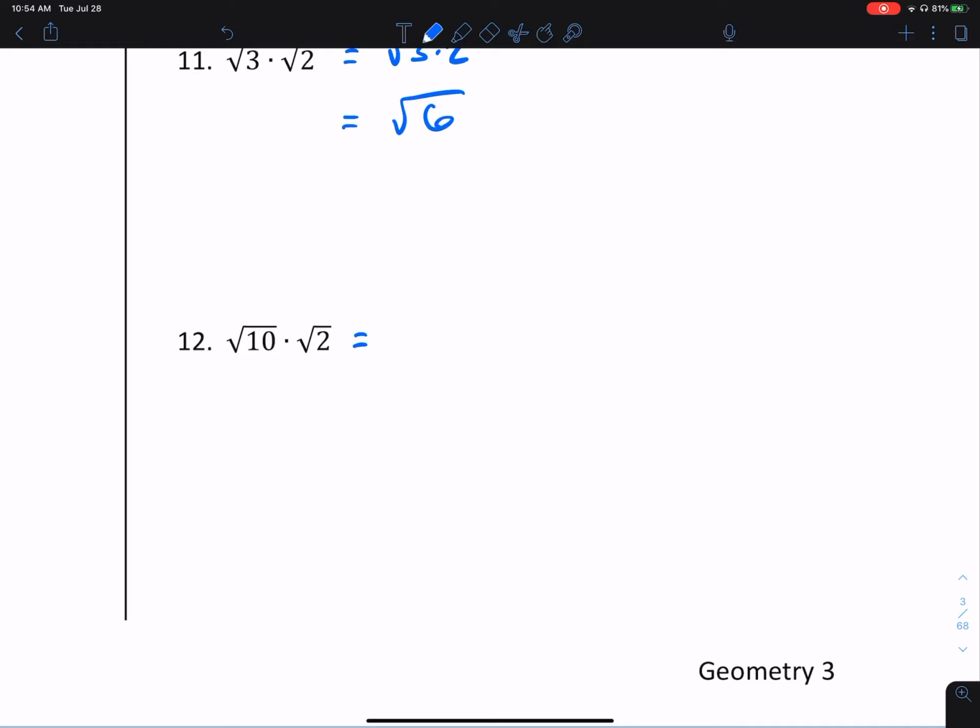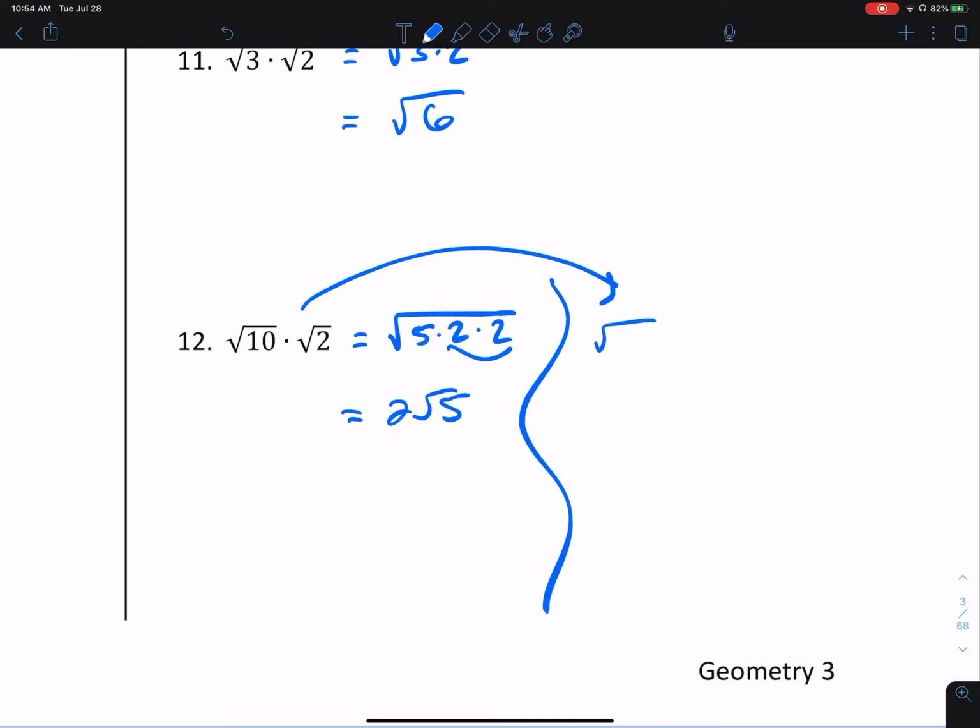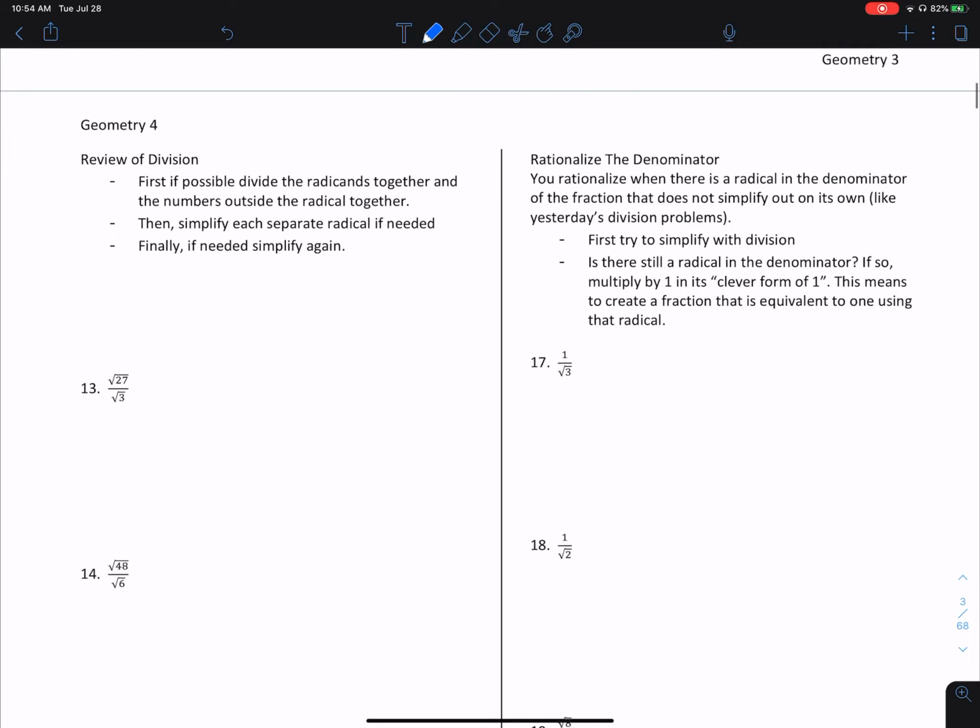If we break the 10 into prime factors, it's 5 times 2, and then we already had this other 2 here. Hey, we got a pair of 2's, so that's 2 square roots of 5. Another way to look at it is to multiply the 2 and the 10 together and get 20. 20 is 5 times 4. Square root of 4 is 2, so you get 2 times square root of 5. Either way is fine. Don't care how you do it.